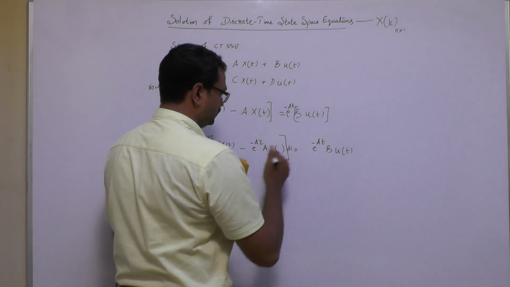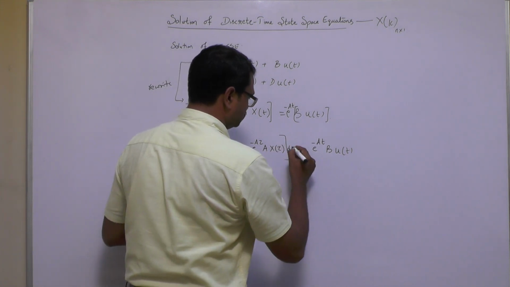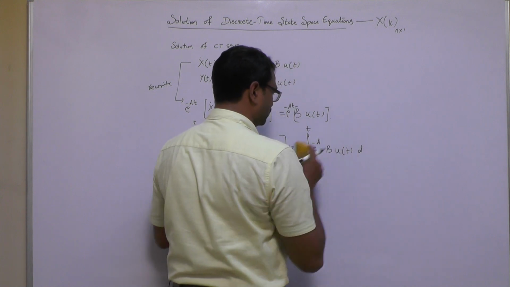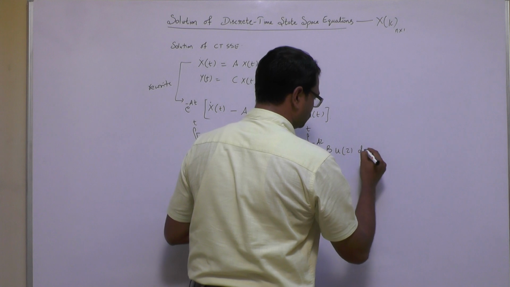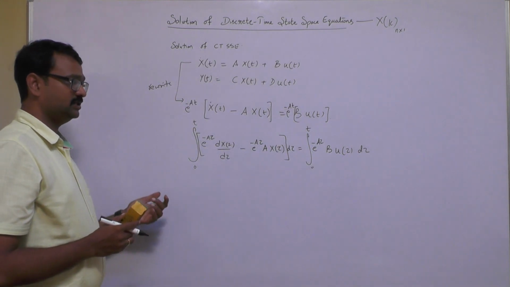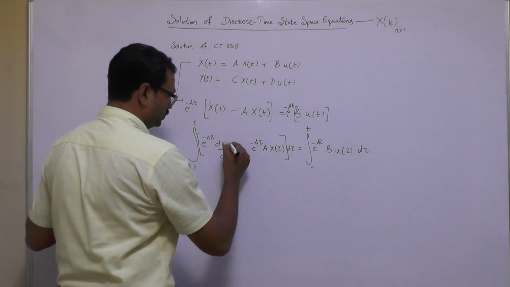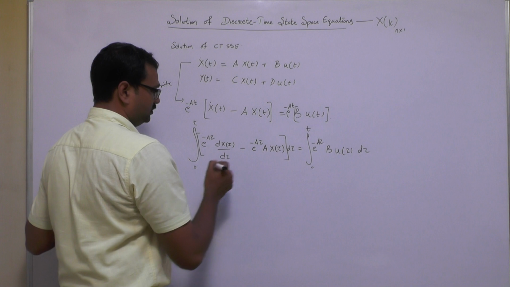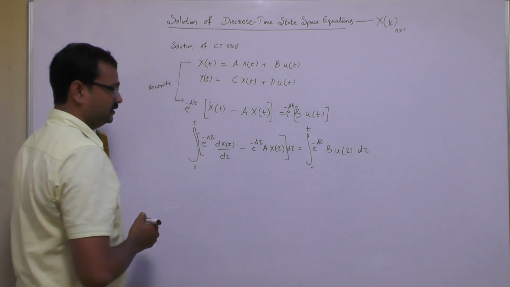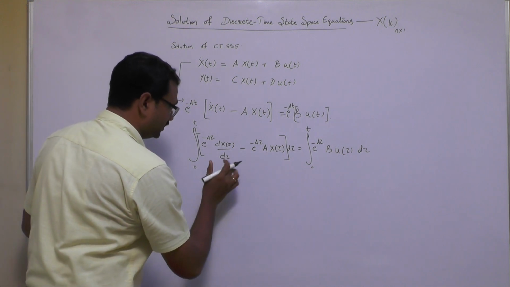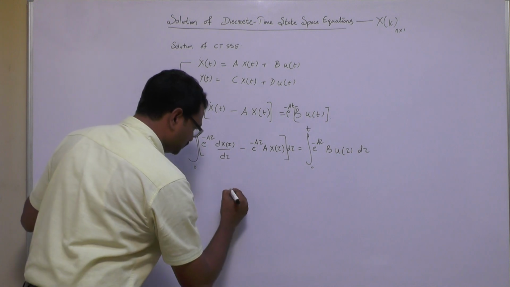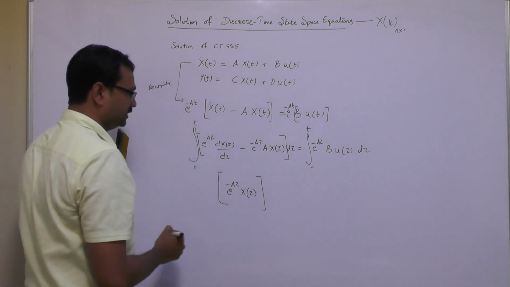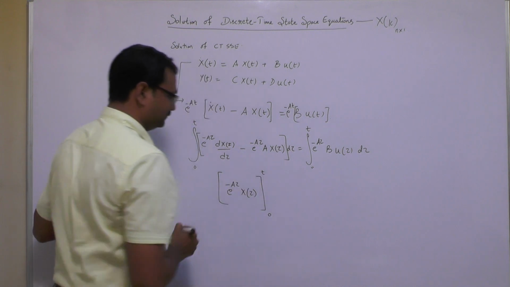So we have the integral from 0 to t of e power minus a tau dx of tau by d tau minus e power minus a tau a x of tau, d tau. The integral of this term gives e power minus a tau x of tau, evaluated from 0 to t.